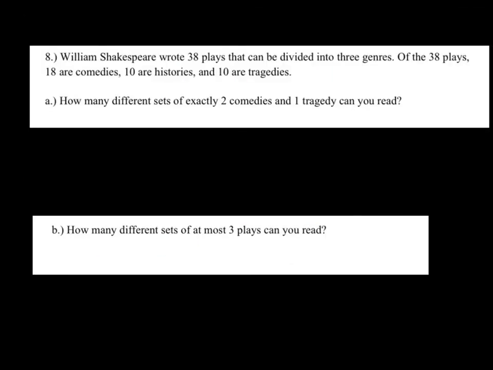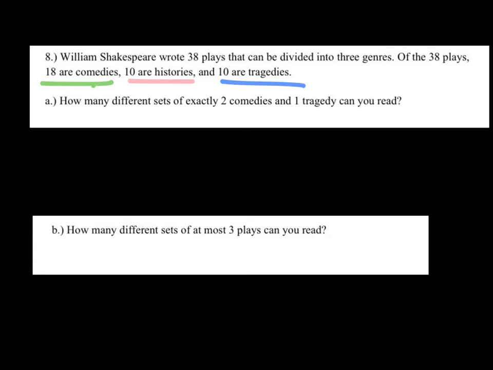Number 8 says, William Shakespeare wrote 38 plays that can be divided into 3 genres. Of the 38 plays, 18 are comedies, 10 are histories, and 10 are tragedies. It asks how many different sets of exactly 2 comedies and 1 tragedy can you read?